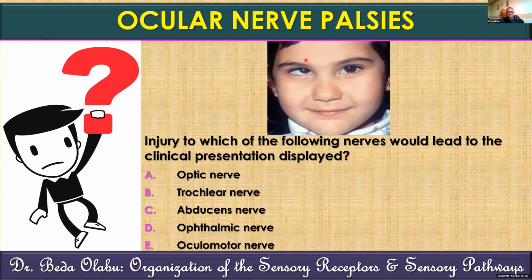The muscle will be superior oblique. Superior oblique usually causes depression and abduction, and so if it is paralyzed, you lose abduction and you lose depression. The eye becomes adducted and elevated. And so the muscle is superior oblique and the nerve is trochlear.